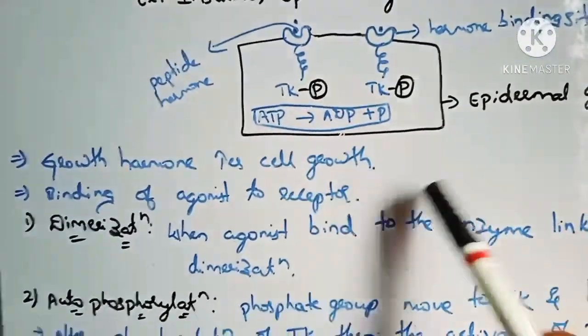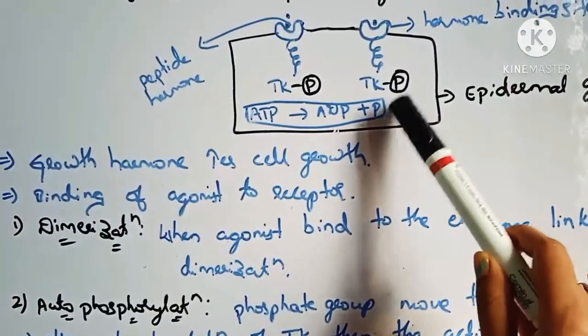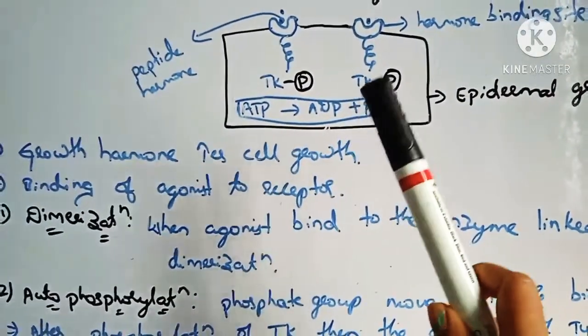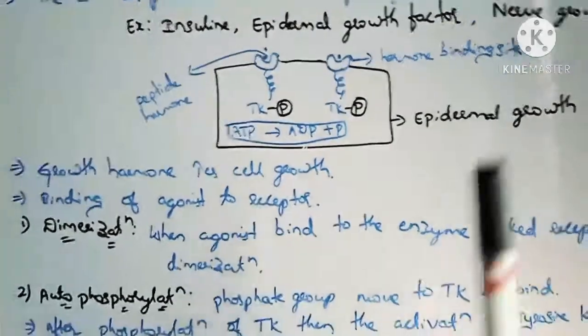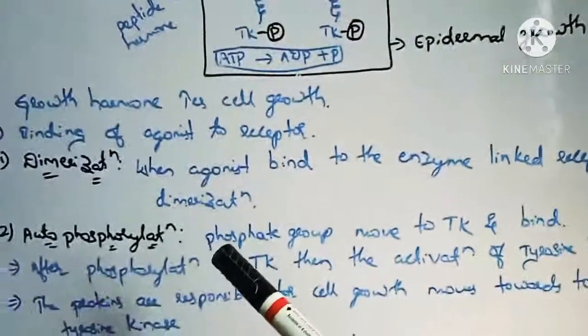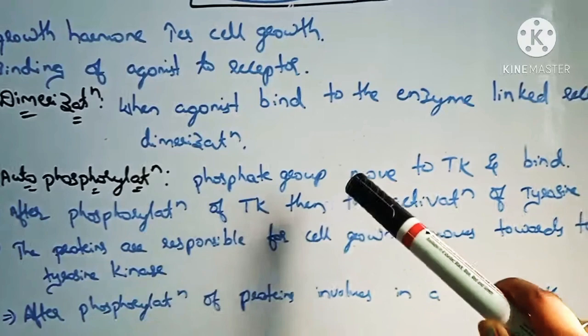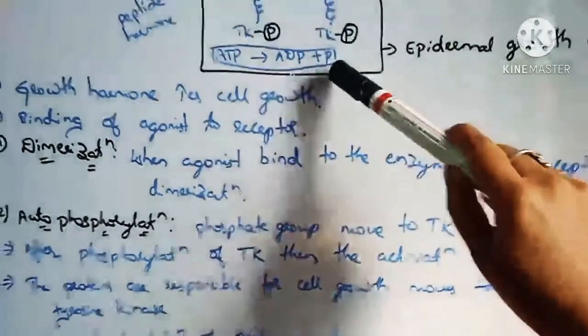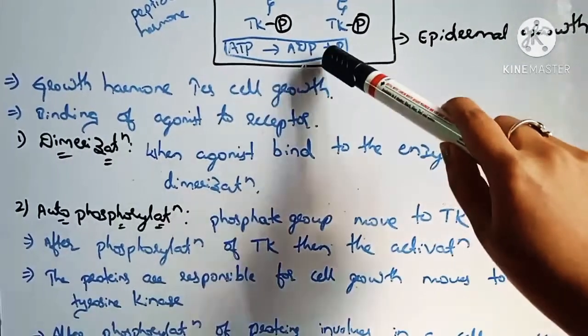In autophosphorylation, the ATP is converted into adenosine diphosphate plus a phosphate group. How does the phosphate group move to the tyrosine kinase and bind? Here is the conversion of ATP to ADP.